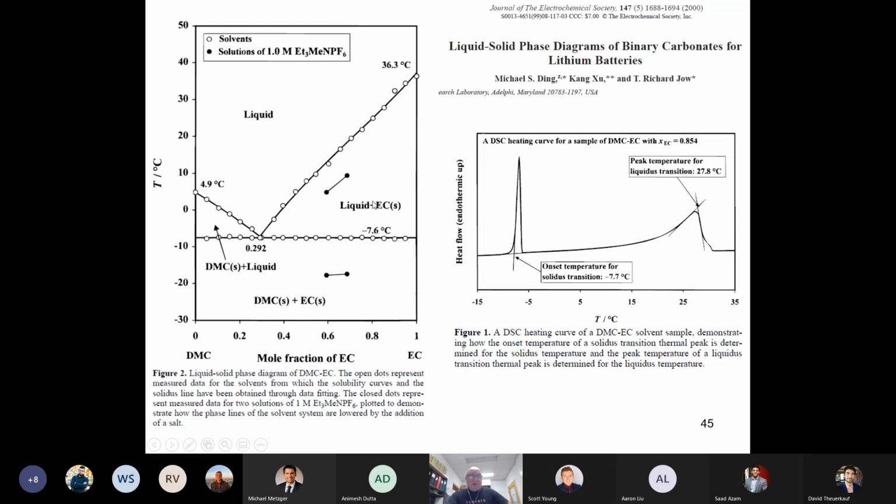You keep putting more and more EC into the liquid phase as you move up. The liquid phase moves along this line. And because you're continually melting EC as you move up, that's why this calorimeter curve doesn't just have a flat baseline here. You're continually melting things. Okay, so just for clarification, not all the EC is solid in this region. That's correct. Once you move up into this area here, the liquid phase in coexistence with solid EC has some liquid in it. Cool.